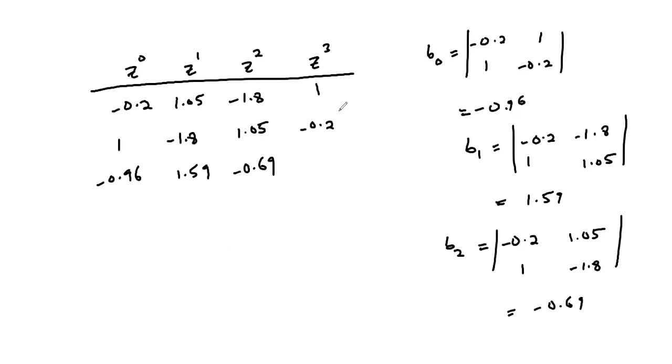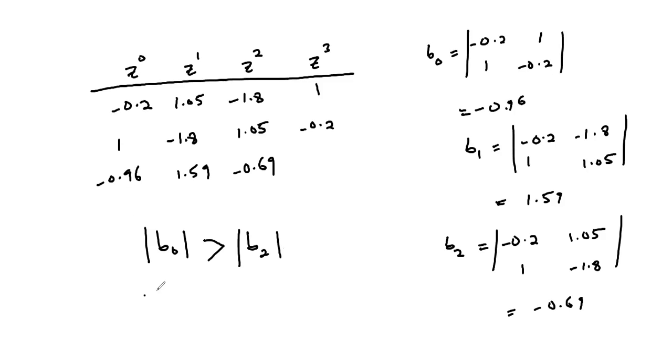From which we can test the stability of the system by proceeding to check on condition number 4. Now, for condition number 4, we know that the magnitude of B0 must be greater than the magnitude of B2.